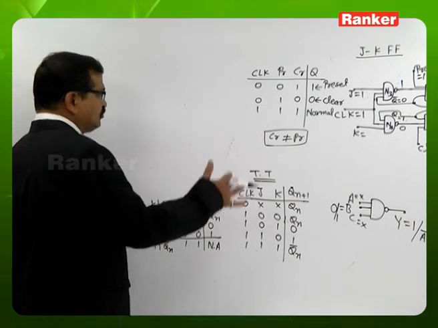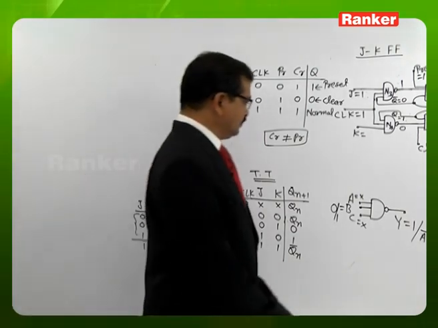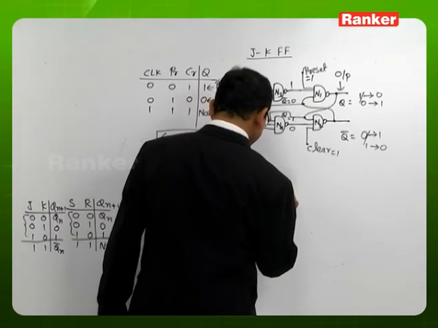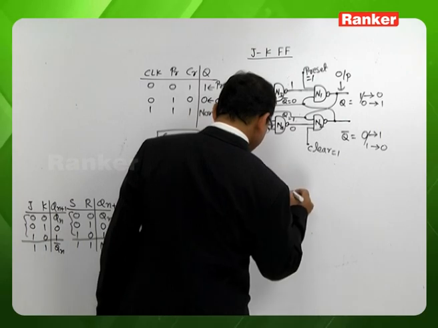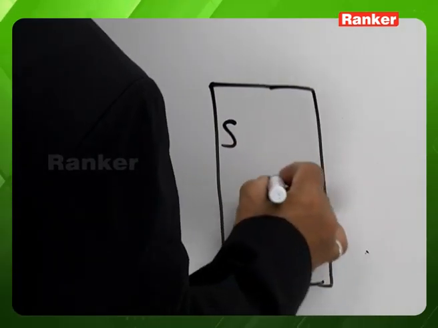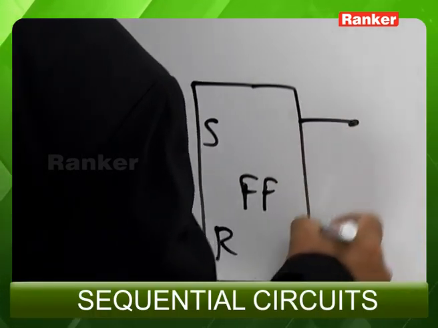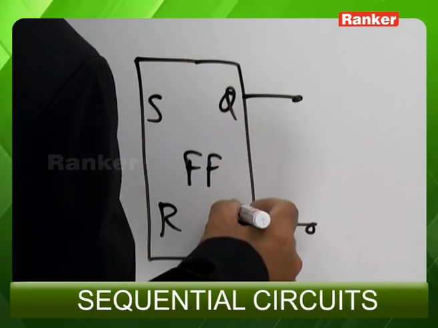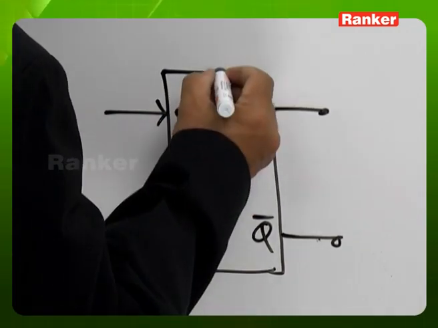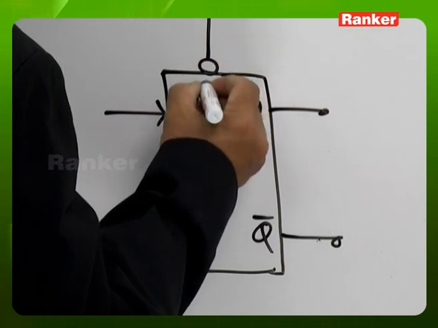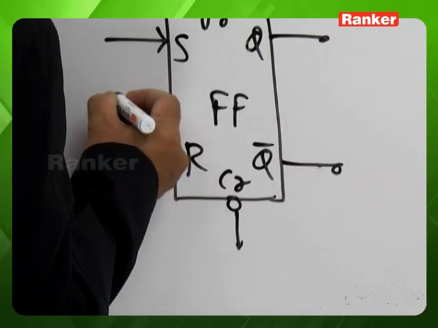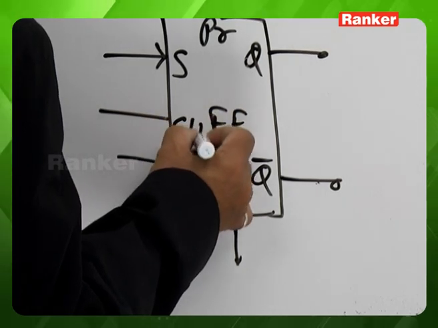And for these flip-flops, if you want to look at the symbolic representations, for the SR flip-flop we have S, R, Q, and Q complement outputs; this is the preset, this is the clear, and for the clock one more line.